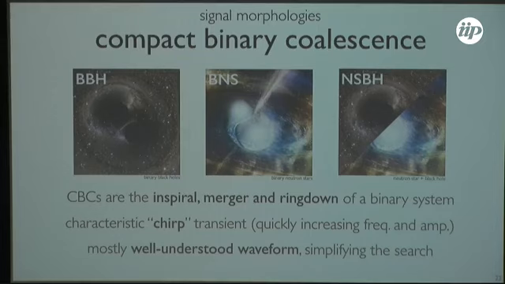So the word coalescence is meant to stand for spiral, merger and ring-down of this binary system. Besides binary black holes and binary neutron stars, you could have a combined system, a neutron star black hole system, in which you have one component being a black hole and the other one a neutron star. Okay. All of these objects have in common a basic morphology.